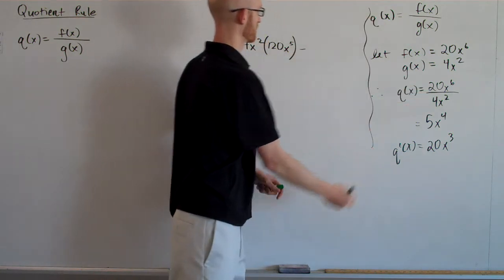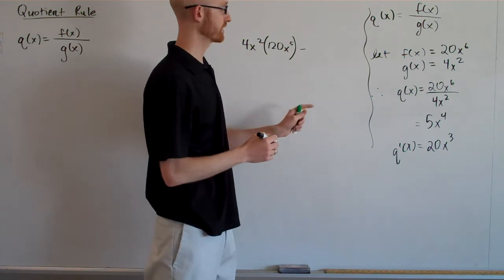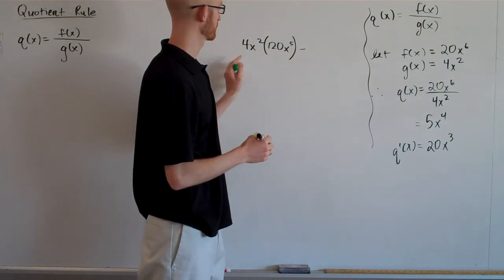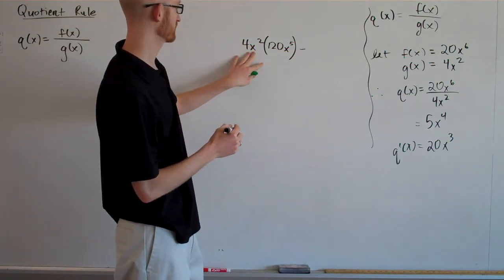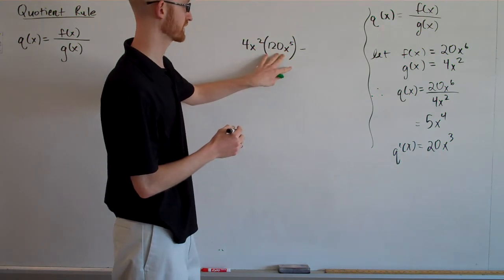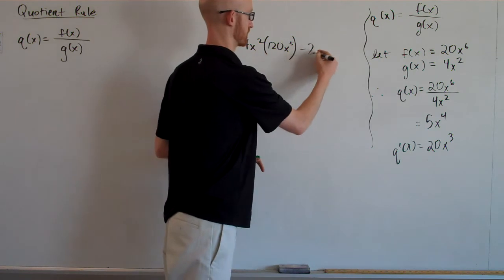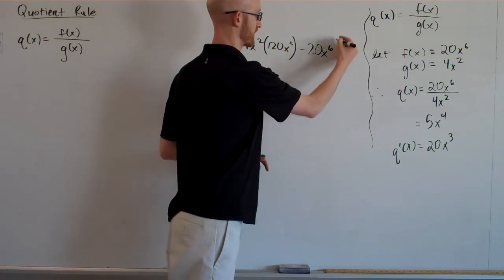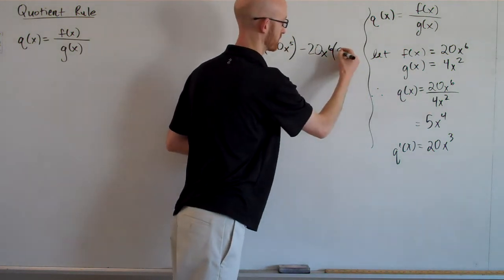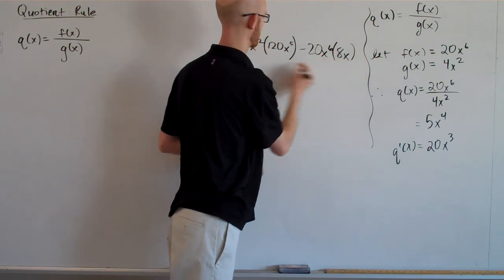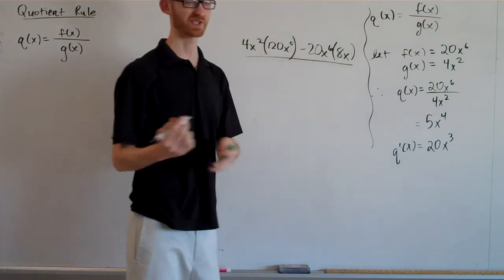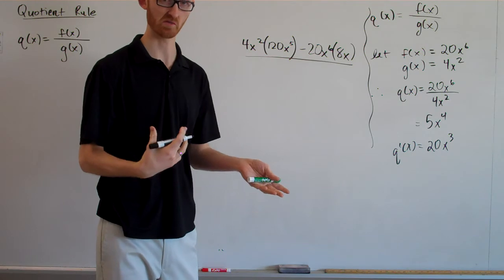Minus the bottom times the derivative of the top, minus the top times the derivative of the bottom, over the square of the denominator.